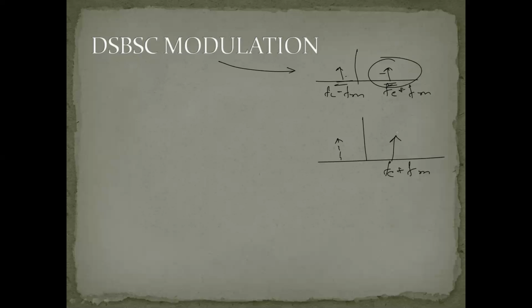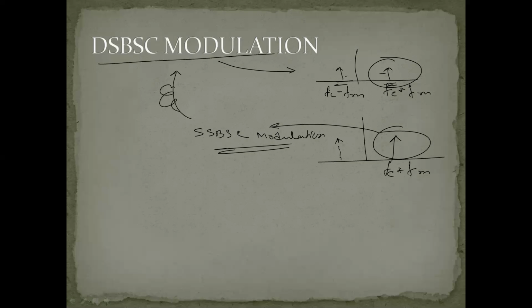So if I am considering only one sideband, then it is known as single sideband suppressed carrier modulation. Our main concept is double sideband suppressed carrier modulation.